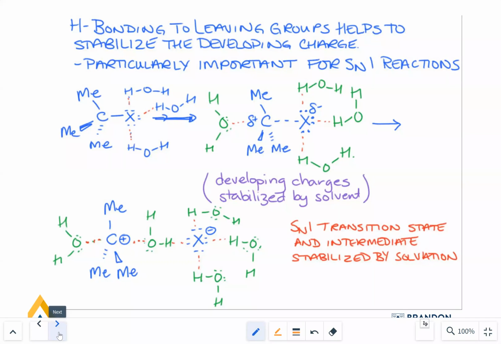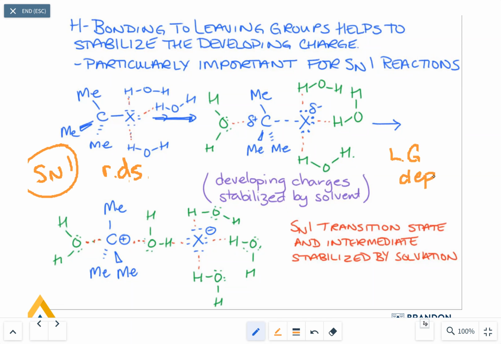Okay, so now the next part, this is the nice, beautiful complementary part of this whole process. In an SN1 reaction, the rate determining step is that the leaving group leaves, right? So the leaving group departs, and then we're going to form a carbocation.